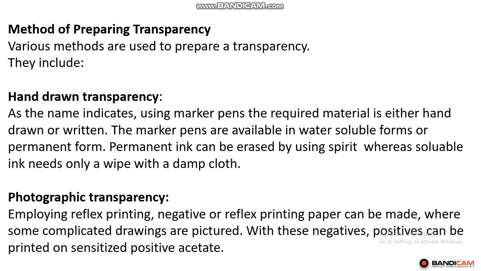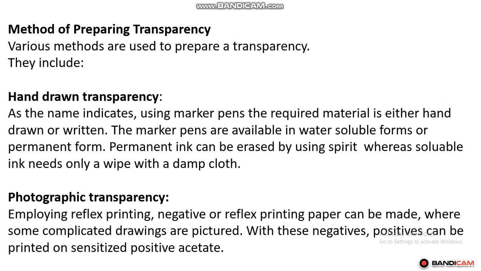Next, another type of transparency is the photographic transparency. Here we can have a reflex printing negative or reflex printing paper made, where complicated drawings are pictured. With these, negatives or positives can be printed on sensitized positive acetate.